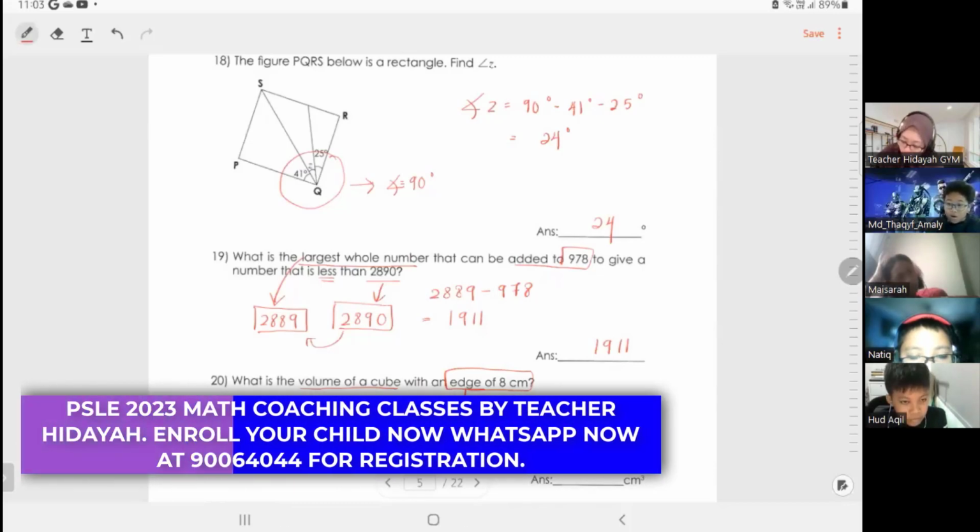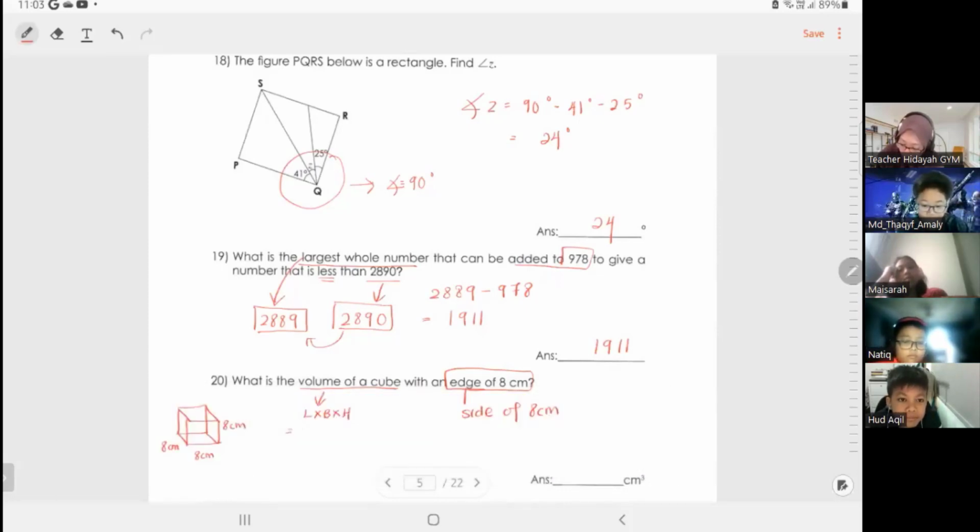Volume means length times breadth times height equals 8 times 8 times 8 equals 512 cm3. Okay, these are all the answers. Please give yourself a mark or write down the correct answers if you get it wrong. The workings you can do later.